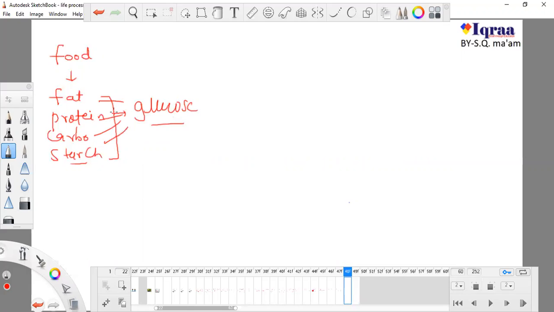That's why I'm taking the example of glucose. Remember that all of them have a basic formula of CHO. Glucose is C6H12O6, but all of them have CHO and some other elements with different valencies. Some have CHO plus nitrogen, CHO plus phosphorus, or CHO plus sulfur, and different atomic numbers, but the basic formula is the same.